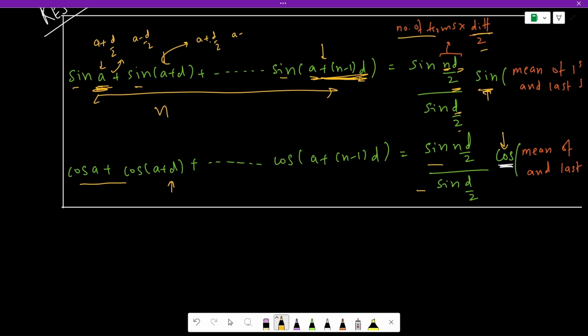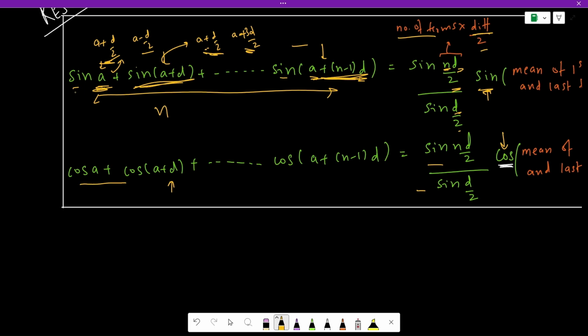Here it will be a plus d by 2 and a minus d by 2, and here we will have a plus d by 2 and a plus 3d by 2, so that these terms cancel out. This will somehow cancel this term, this will cancel the next term, and so on.